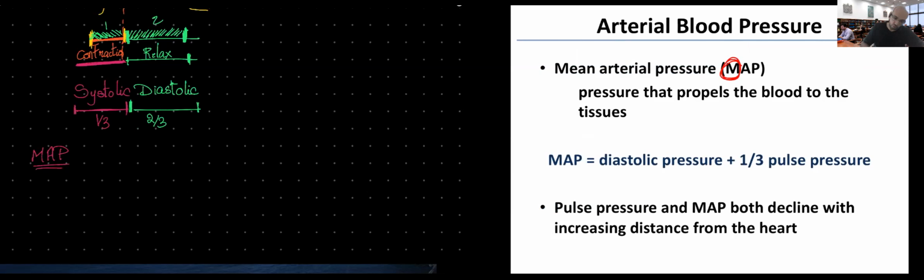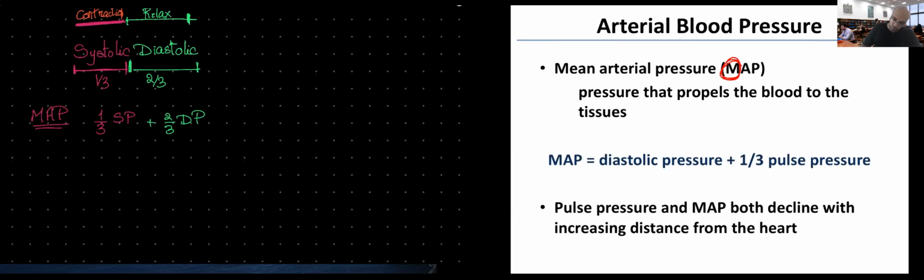So if I'm considering here, 1/3 of the time I will have systolic blood pressure, and for 2/3 of the time I will have diastolic blood pressure. So this gives me the average pressure present all the time in my artery.